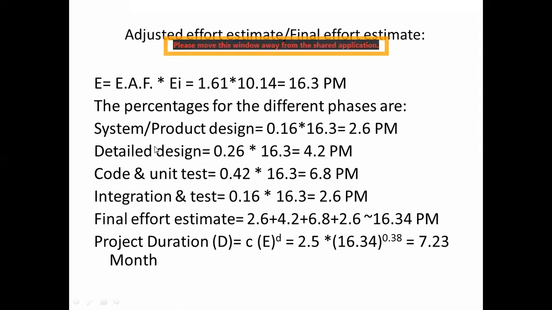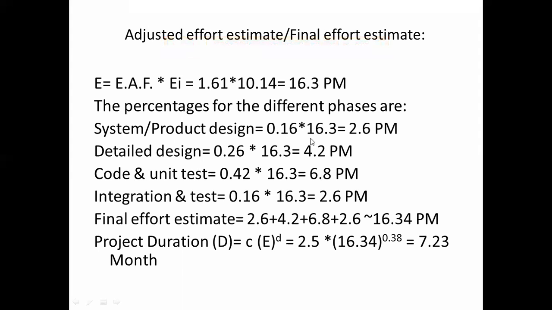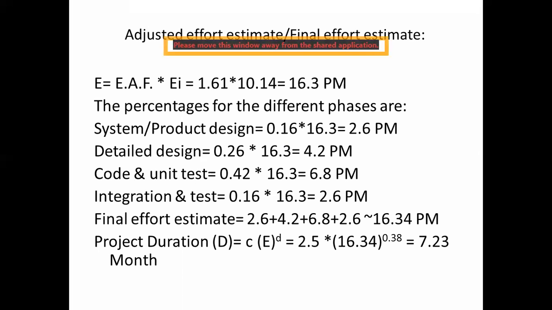So first in the table you can see system or product design. You can choose the values from the second column, because in the first column the KDLOC must be less than or equal to 2 KDLOC.